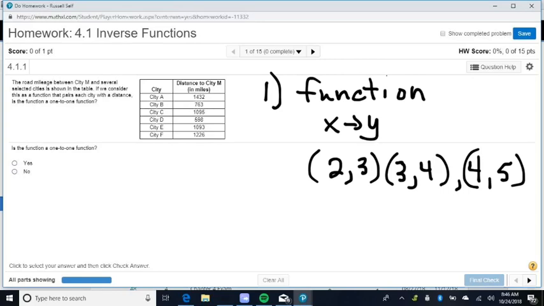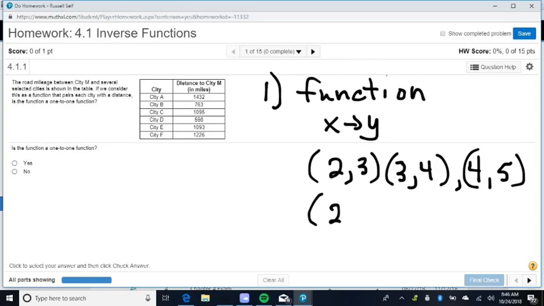Now this is a function because every x is leading to its own distinct y, right? Okay. It's not a function if we can have more than one value for each x. So say for example we had, oops, sorry about that.